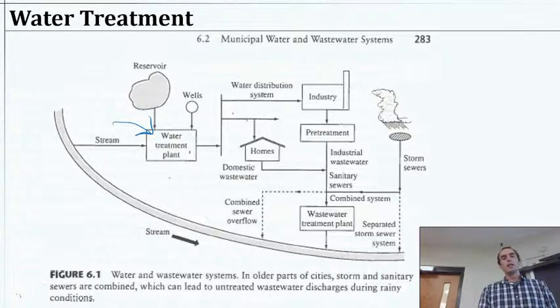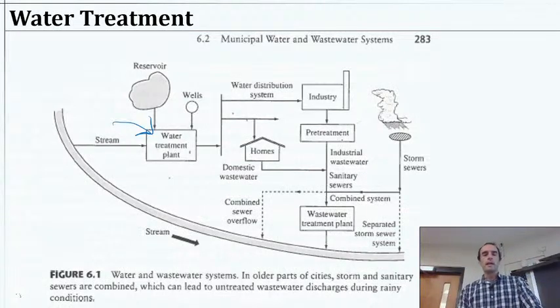However, if they have something toxic, then they actually have to pre-treat it before sending it to the sanitary sewer, because if it's toxic to the bacteria and we're relying on the bacteria in the wastewater to do the job, we don't want to kill it all. But we'll talk more about that when we get to wastewater treatment.